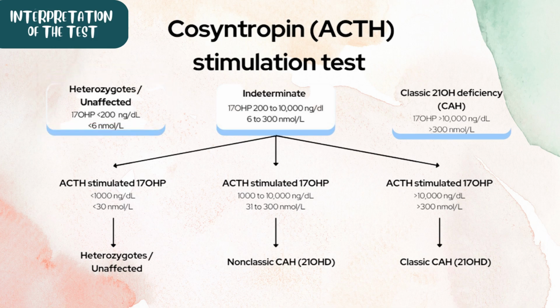If basal 17-hydroxyprogesterone is greater than 10,000 nanograms per deciliter, then this is highly suggestive of classic 21-hydroxylase deficiency. For patients with basal 17-hydroxyprogesterone between 200 and 10,000 nanograms per deciliter, an ACTH stimulation test is recommended.